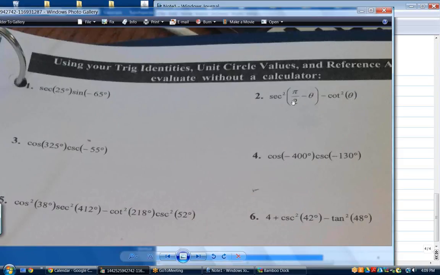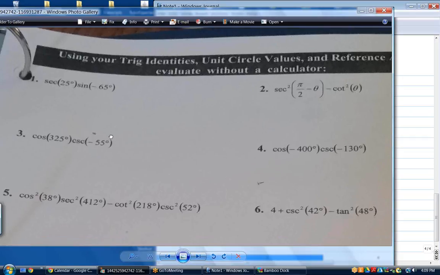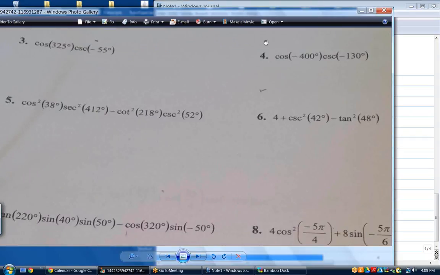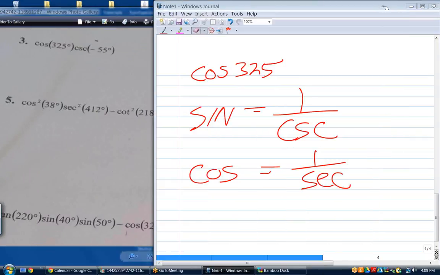Well, when I'm looking at trig functions squared, I'm going to look to the Pythagorean identities. When I'm looking at trig functions like this, first of all, I'm going to see if I can put it into sine or cosine.